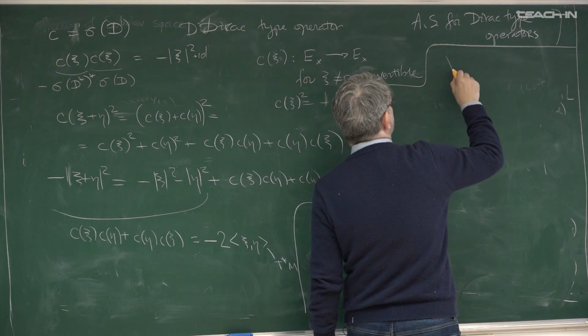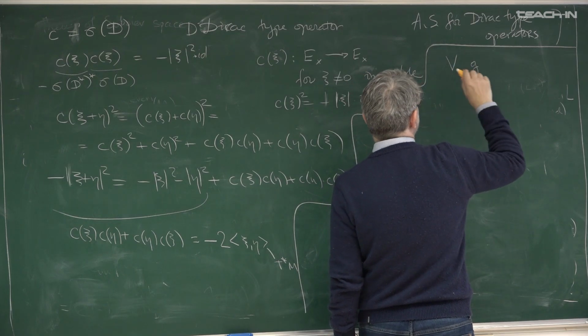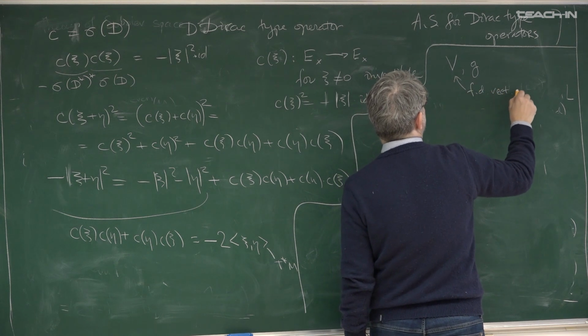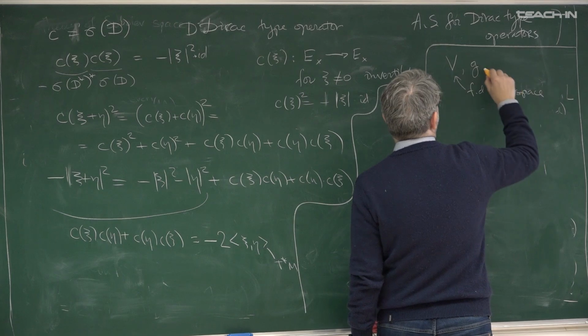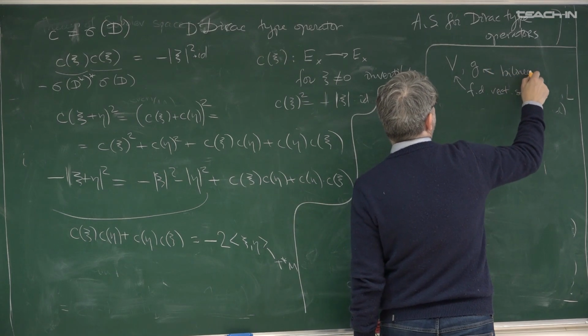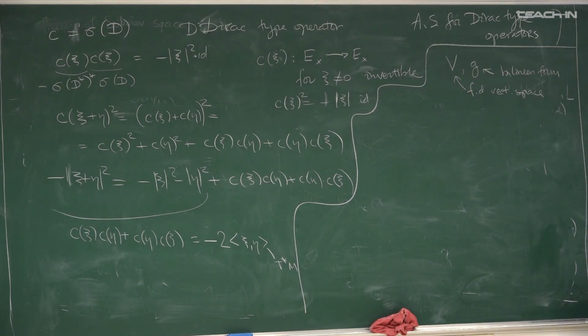Assume we have a vector space V equipped with a scalar product G. A finite dimensional vector space. We can say that it's a bilinear form. In general, it can be degenerate, it can be not positively definite, not negatively definite, maybe.